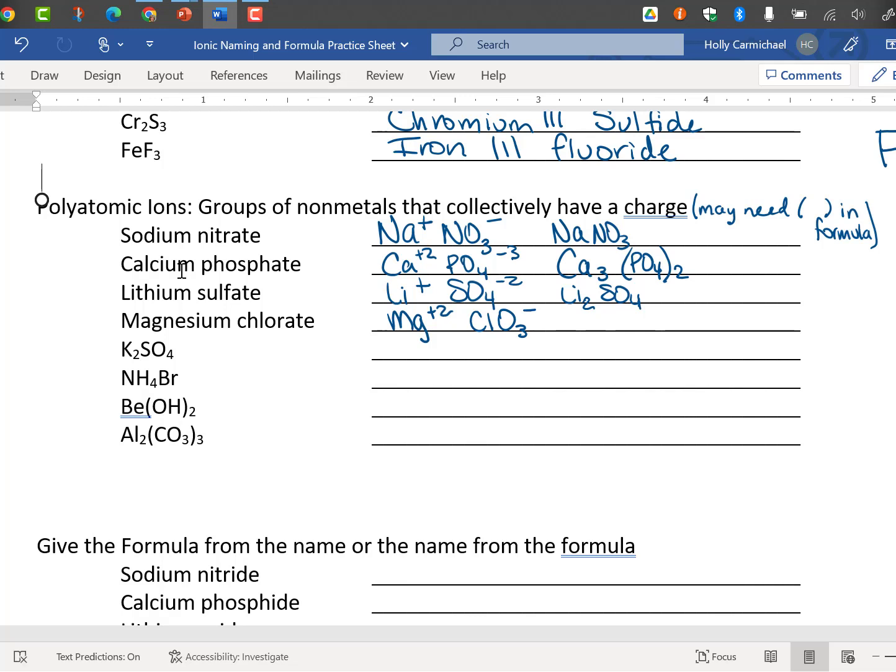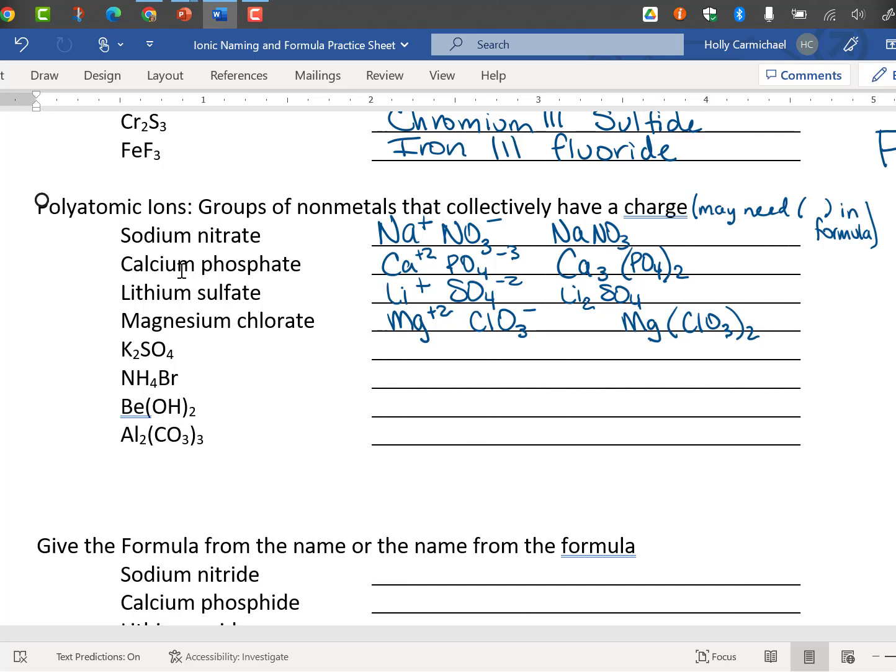Since they're not the same, I've got to swap them. So how many magnesium? Just 1 magnesium and Cl O3 in parentheses with a 2. Okay? Not terrible. Just a matter of doing it exactly the same. If you've got the name, you have to assign the charges, swap them, and simplify if possible.